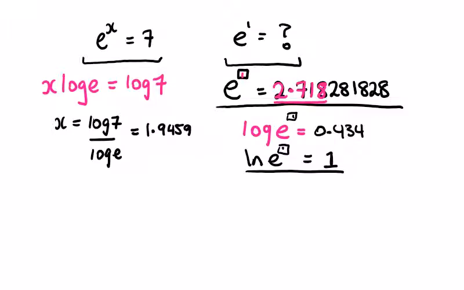We can just leave it at that just for now, because we're going to check here. Put back into your calculator, e to the power of 1.9459. Round it off slightly on purpose just to see that you get a number that's pretty close to 7.